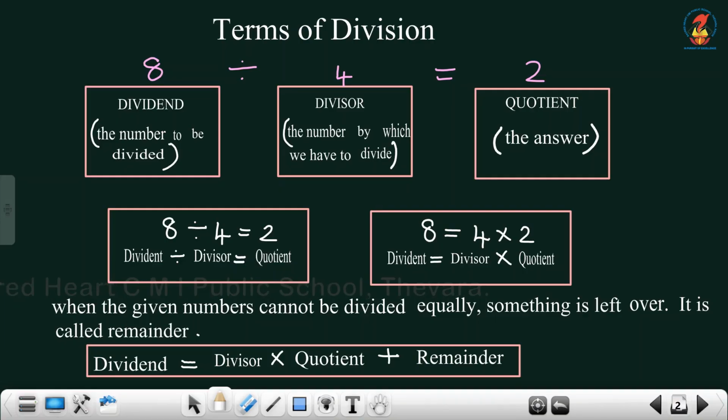Look at the board. 8 divided by 4 is equal to 2. It's a division fact. A division fact is given here. So children, here which number we have to divide? 8. So that number has a name.